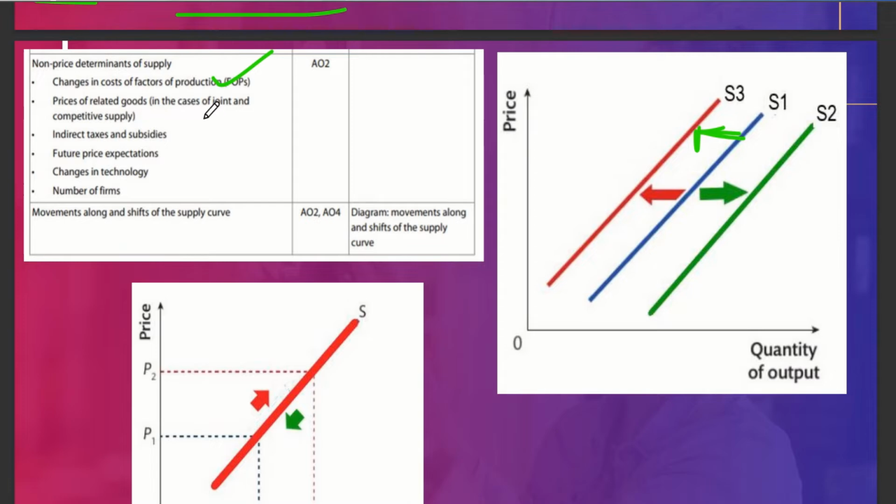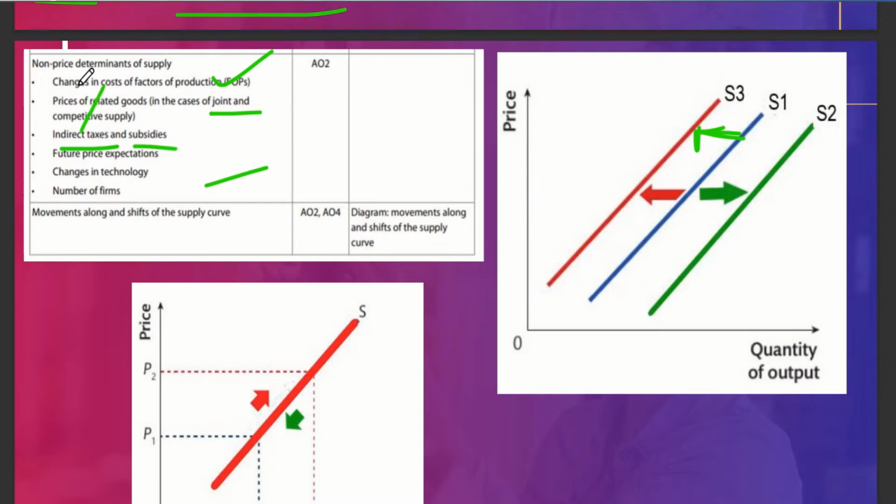And the price of related goods, there is joint and competitive supply. If the price of related goods increases, then quantity supplied also will be increasing. The next one is indirect tax and subsidies.